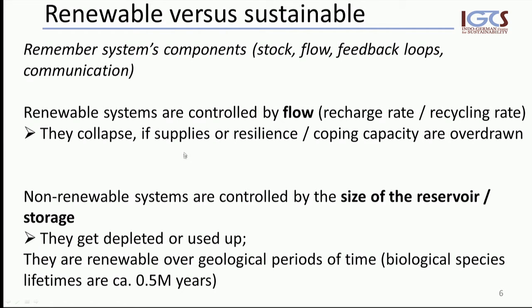And non-renewable systems are controlled by the size of the reservoir or the size of the storage that we have available, and by using those storages, those reservoirs, they get depleted or eventually completely used up. Those are, if we break it down, also renewable, however, over geological periods of time. Just keep in mind, biological species have generally a lifetime of about 500,000 years.